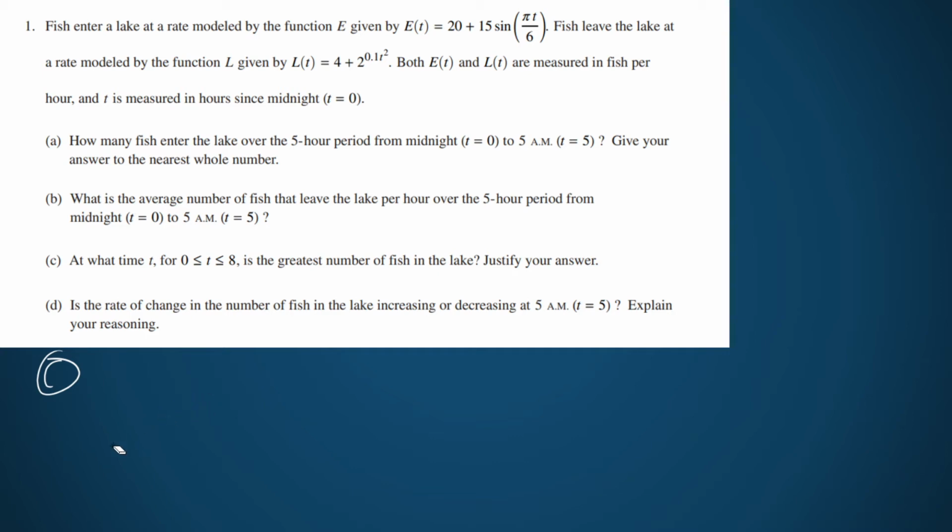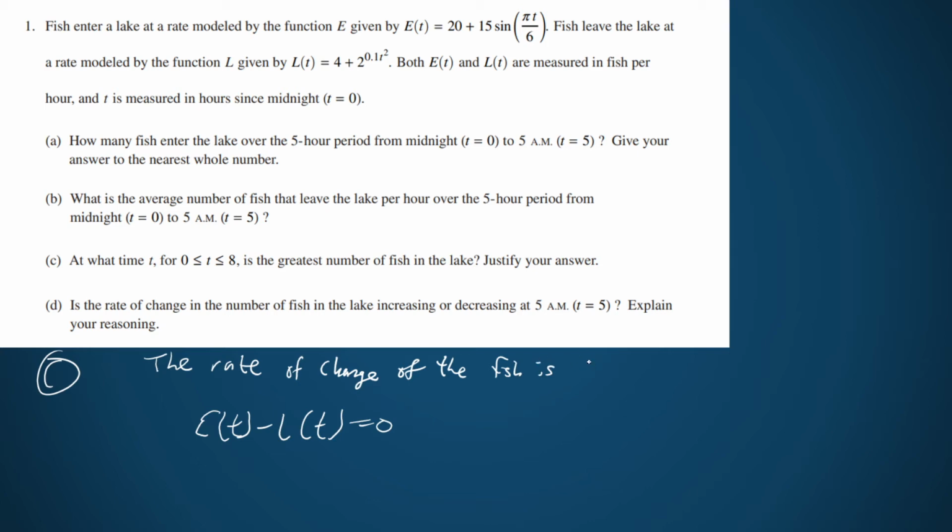That would be the concavity, the acceleration of the fish is 0. Wait, 0 to 8, just E(t) minus L(t). This is the rate of change of the fish total, E(t) minus L(t), and you've set that equal to 0.